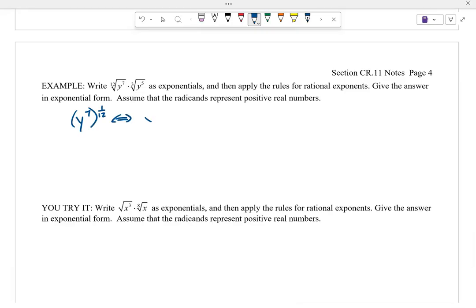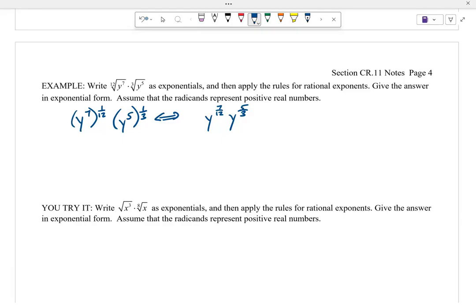And then I got y to the 5th, it's the 3rd root of that, so that's to the 1/3. So I've got power of a power. So 7 over 1 times 1 over 12, I got 7/12. And 5 over 1 times 1 over 3 is 5/3.